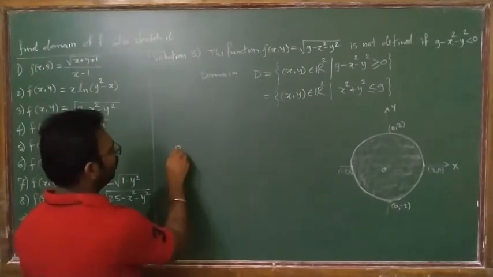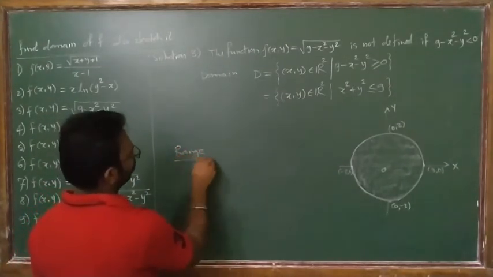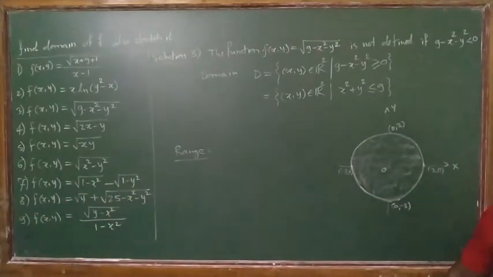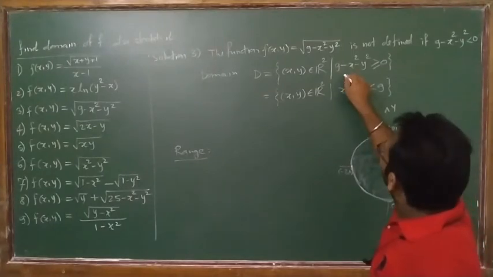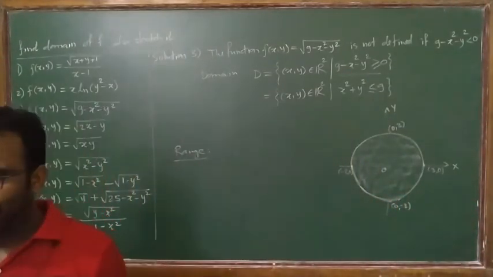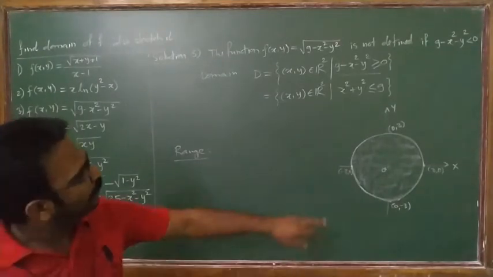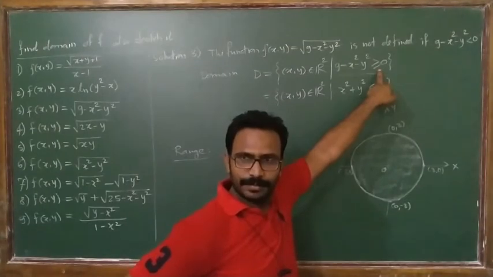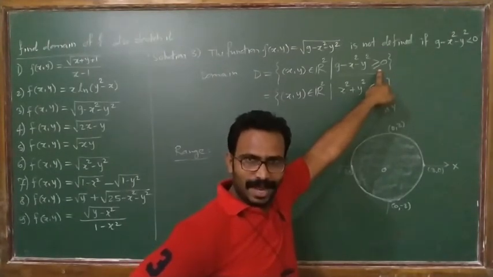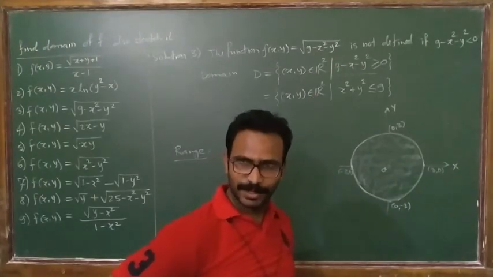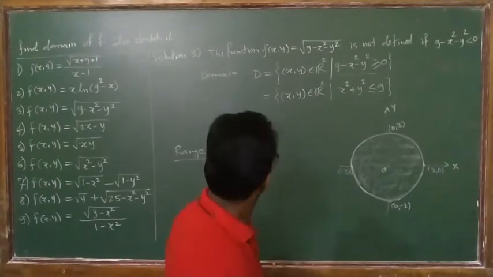Now, what would be the range for this function? What we know from the domain is that the quantity inside the square root should be greater or equal to 0. That means this quantity should be at least 0. If the quantity is at least 0, the least value of the square root will be the square root of 0, which is 0.